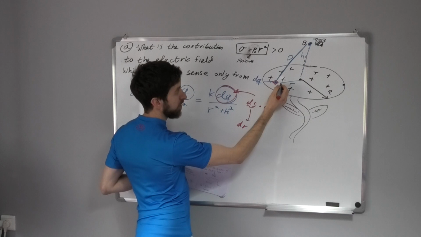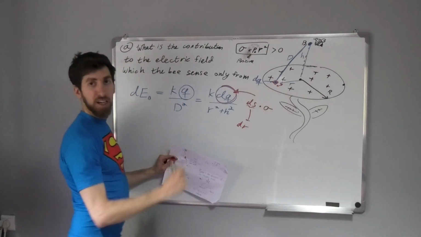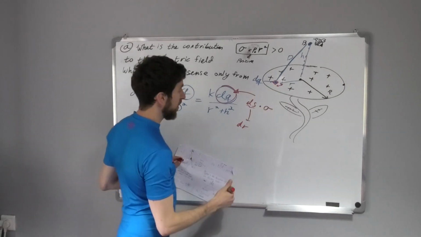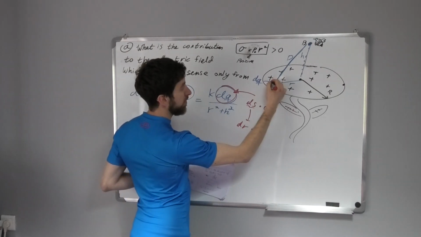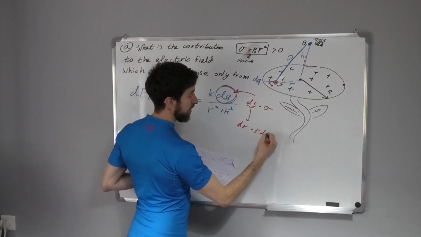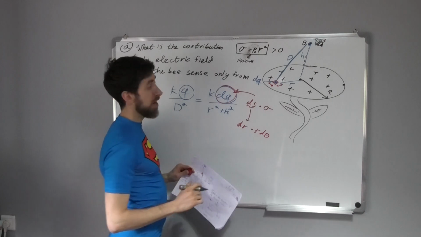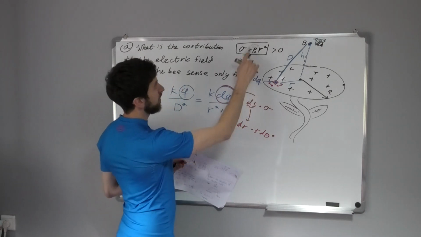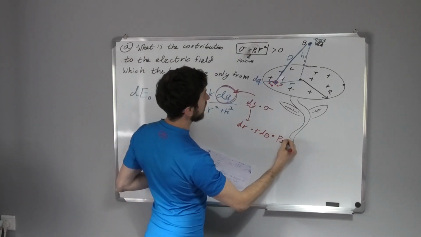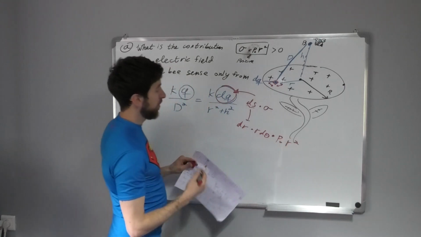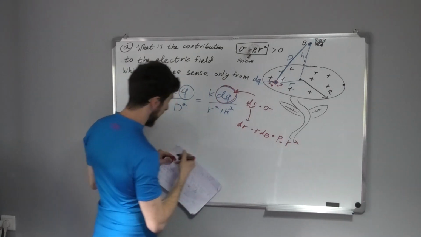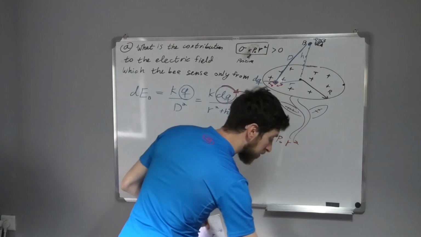I have some movement in the radius direction, and also I have here r d theta, right? So this is the area that I have, and what is sigma? This one is P0 R squared.